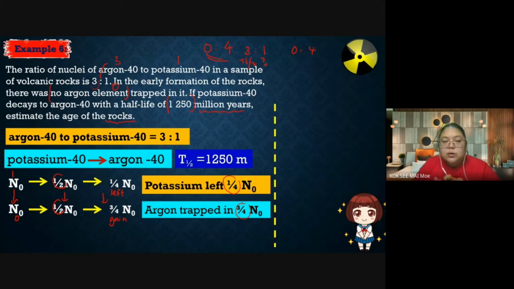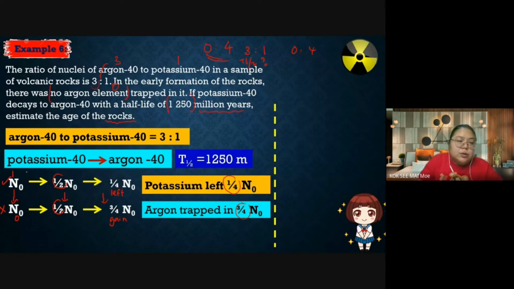So you can see the argon is not the pattern for half-life. The second one is the pattern from the potassium giving to argon. You cannot say 1 over 2, then 1 over 4. No, the 3 over 4 comes from the potassium.